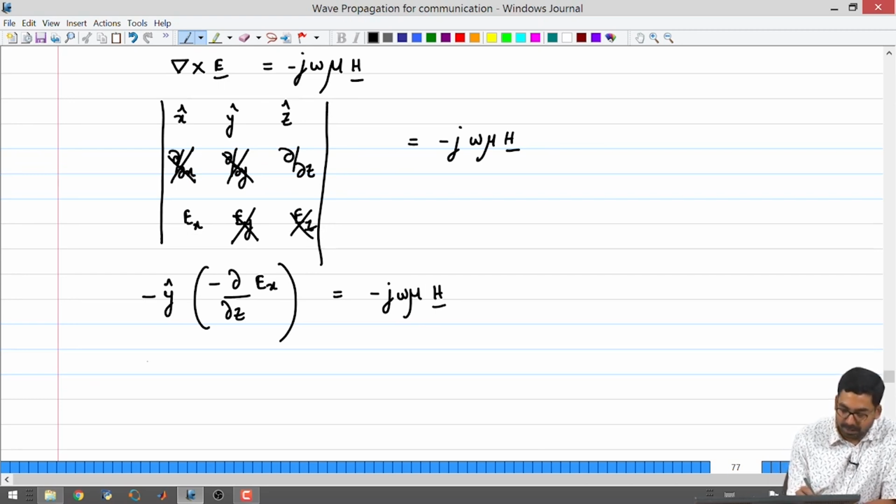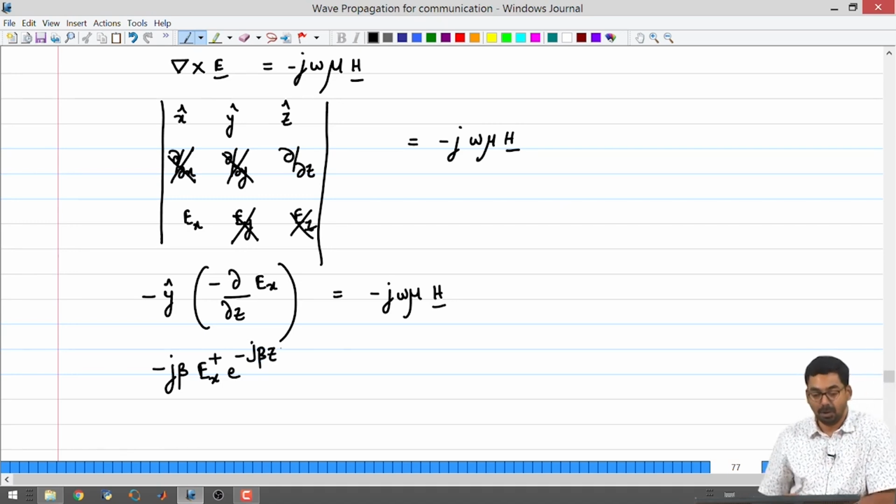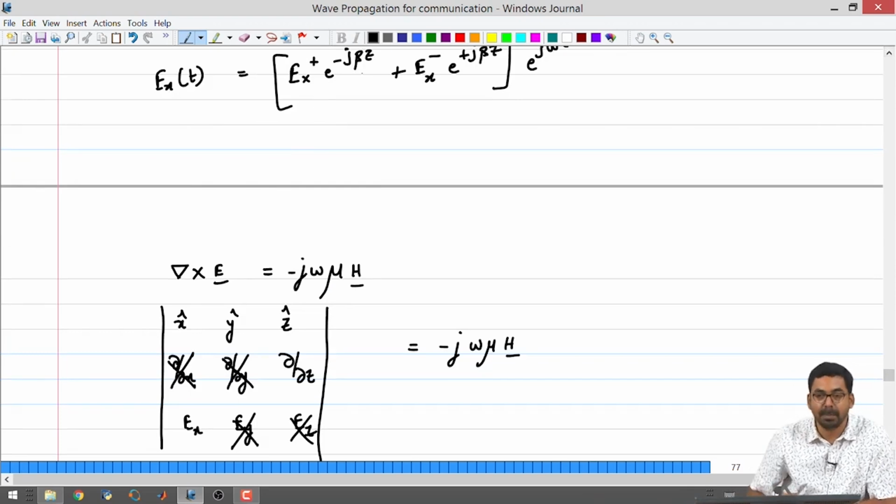So, we can just write this down as minus j beta Ex plus e to the minus j beta z. So, I am doing dou by dou z of the general solution. The general solution that we have written is Ex plus e to the minus j beta z plus Ex minus e to the plus j beta z.